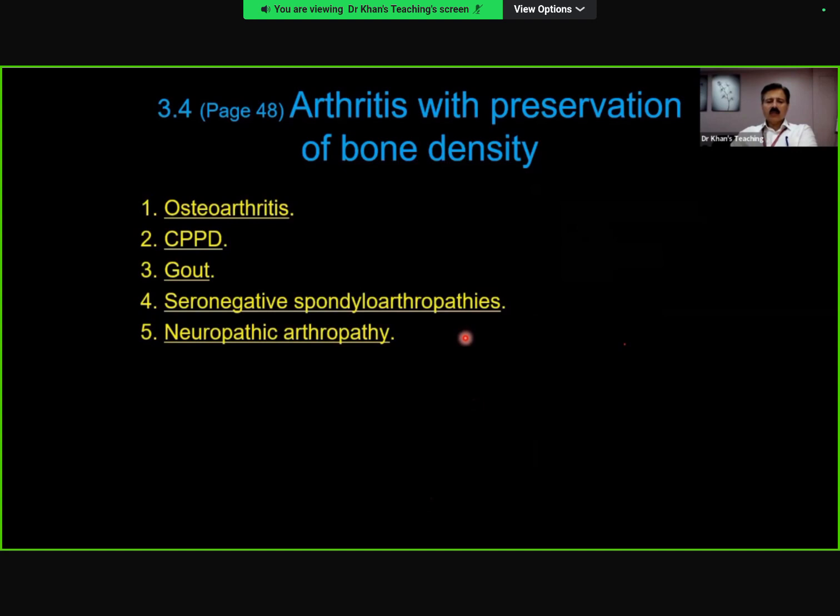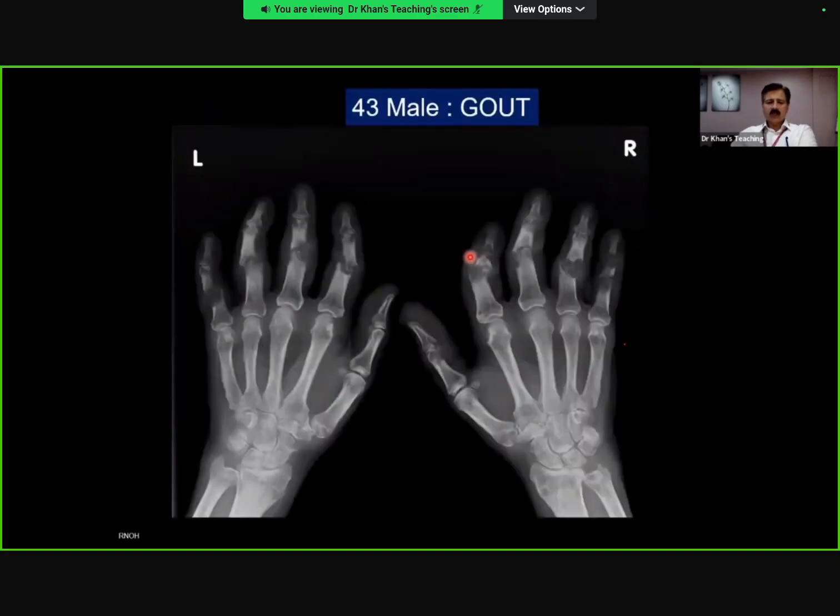Now, please remember that gout has preservation of bone density. And this is another example of gout, which is destroying so many joints. And you can see even here, the bone density is normal. You can see it at each and every level.